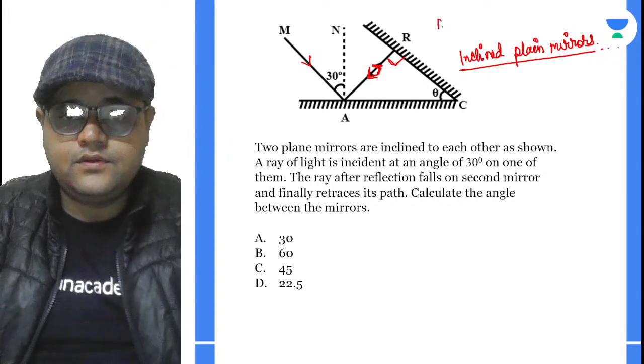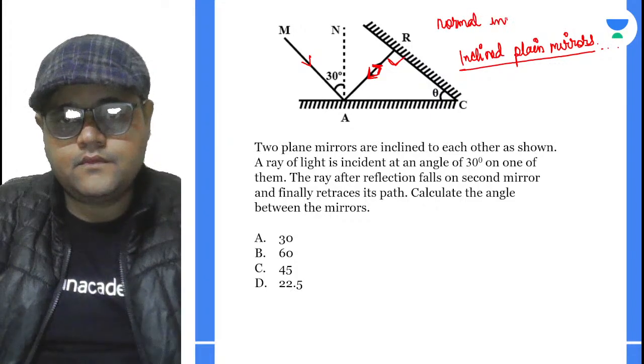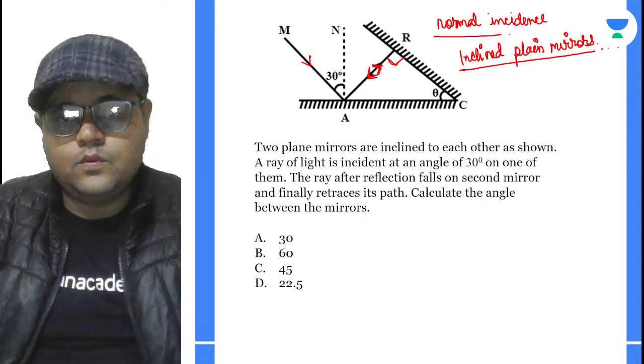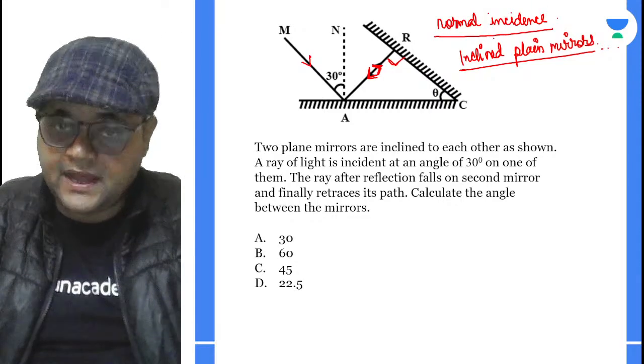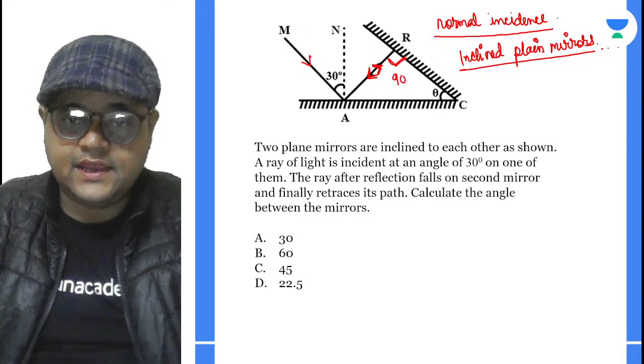I have told you about normal incidence. What happens in normal incidence? The light ray retraces its path. So this is a normal incidence. This is 90 degree.